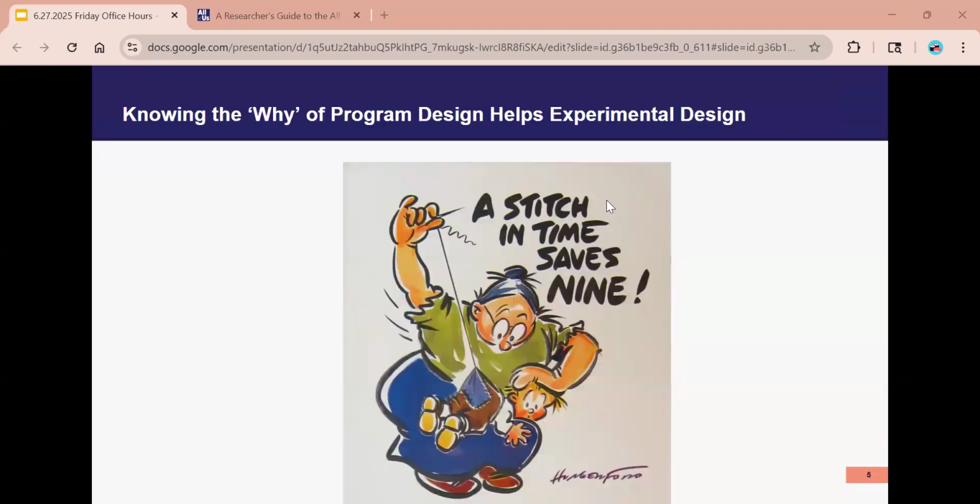All right, so this is an American war propaganda poster from the 1940s. It says "a stitch in time saves nine," which makes no sense if you don't sew or aren't from the 1940s, but it's essentially saying if we deal with problems when they're small, we don't then have to spend even more time dealing with problems when they are large.